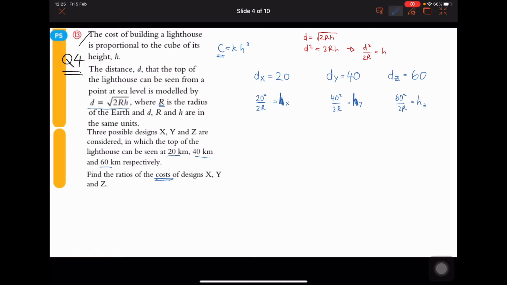So the h has to be bigger. Yeah, so 20 squared is 400, 40 squared is 1600, and 60 squared is 3600, over, and I'm going to disregard the 2r, all the 2r's, because they're all the same.